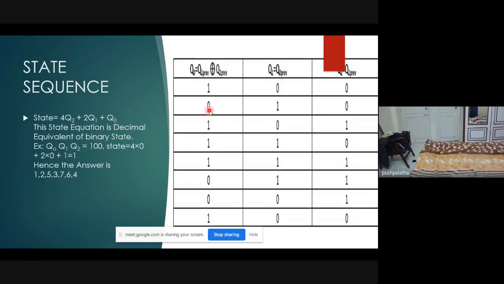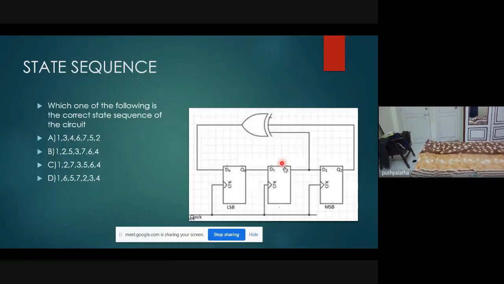That is what Q naught is representing here as 0, right? And next what you have to do is, what is your Q1 value? Now your Q1 value is actually your Q naught previous value. That is how it is connected here, right? My Q1 value is Q naught previous value. What is my Q naught previous value? Initially I have taken it as 1, right?